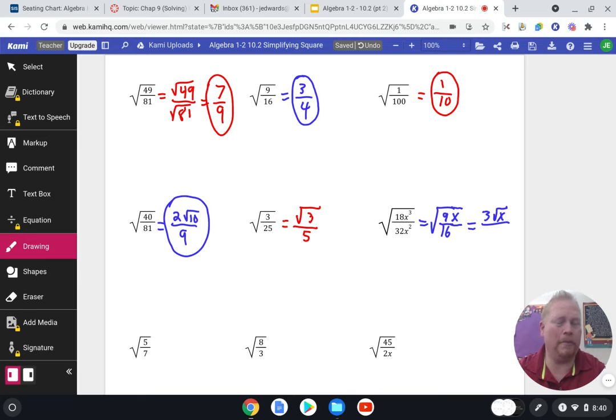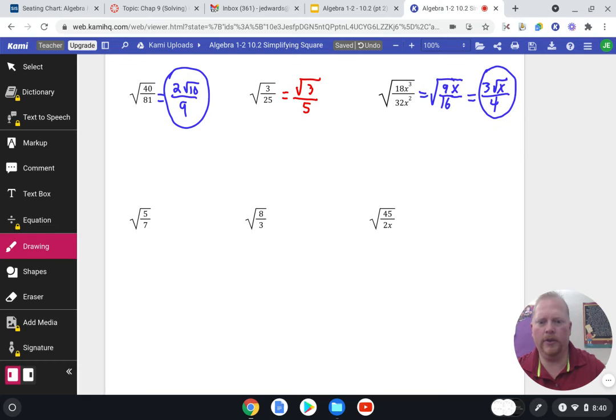Because that x doesn't have a partner, it can't escape, it can't do anything. So it stays under the square root. And square root of 16 is just 4. So final answer on that. Now let's try a few other problems.